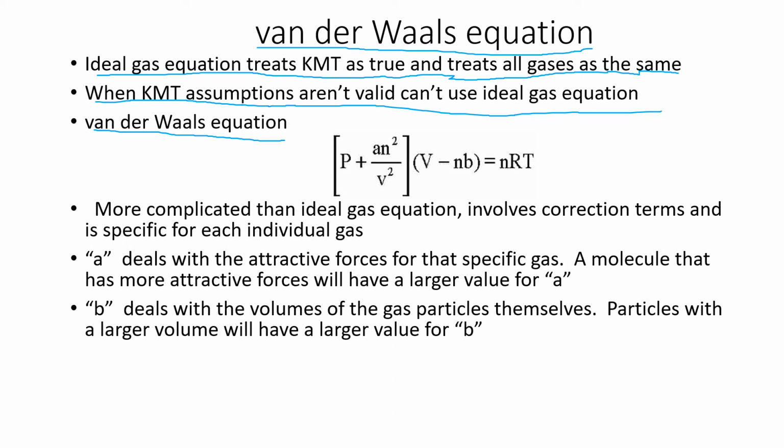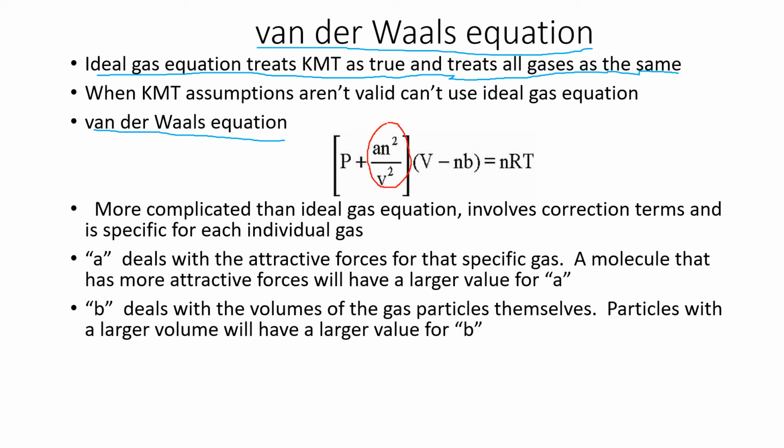Look at this correction term. If the volume's large, look, it's in the denominator and it's squared. If this volume is very, very large, what's this whole correction term going to be? It's going to be very, very small.